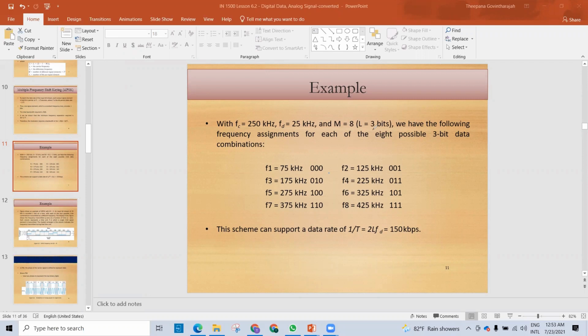That means one signal is represented by 3 bits. That's why 2 to the power of L, 2 to the power of 3, 8 different signals are possible. So 8 possible 3-bit data combinations.